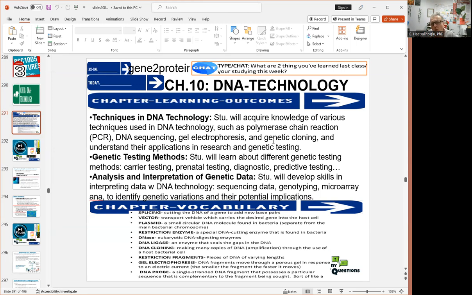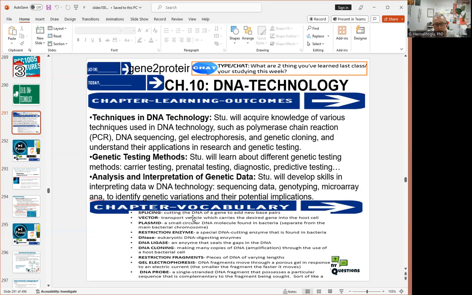Some maybe new words for you: splicing, which we learned about last chapter, is cutting the DNA of a gene to add new base pairs. Vectors, a transport vehicle carrying a desired gene into the host cell. Plasmid, a small circular DNA found in bacteria.